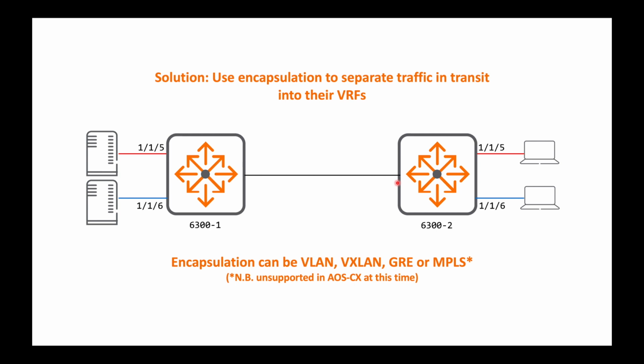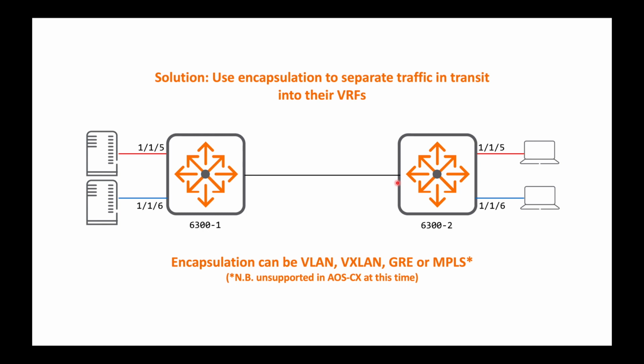A very simple one, which I'm going to configure here, is VLAN. So 802.1q tags can be tied to VRFs so that we have the VLAN tags creating a relationship between a VLAN number and a VRF. You can also use VXLAN encapsulation, or we can use GRE tunnels that can be tied to a VRF, so it will be the GRE header that is keeping that separation, or you can use MPLS.